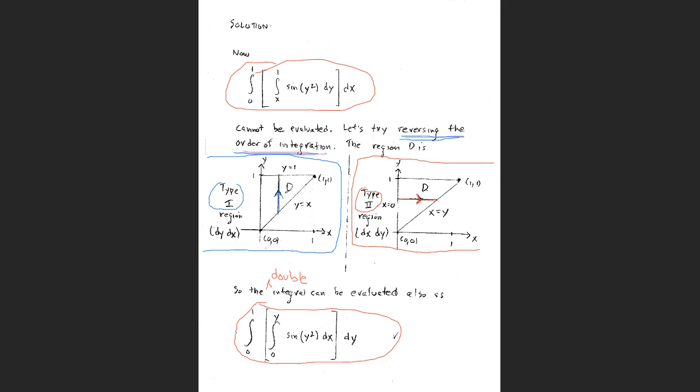So you see now, if I integrate with respect to x first, my function on the left is x equals 0. My function on the right is x equals y. And so that's how I get x equals 0 here and x equals y here. Bottom and top limits. And then y goes from 0 to 1.